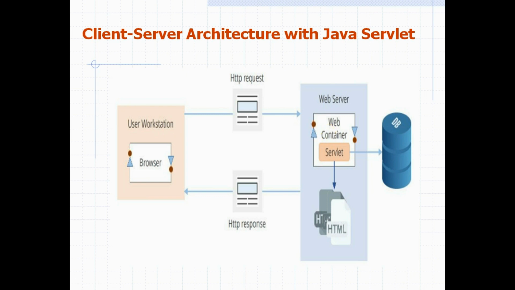The servlet is executed by the web server, and it separates the HTML part, and if the servlet has some query related to database fetching, then it fetches the value from the database, stores the value, and then sends it to the client in the form of an HTTP response through an HTML page.